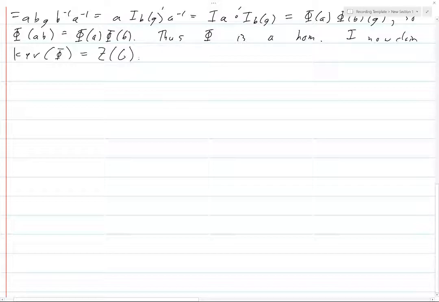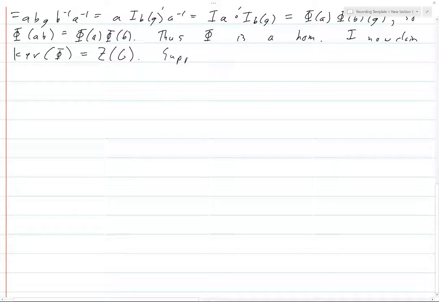Because the centralizer of G is the set of elements that commute with every element in G. Whatever. I'm just going to use Z of G because I learned this. Was this from Artin's book that uses Z of G to denote the center? Whatever.